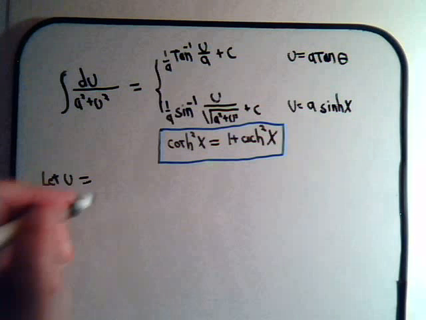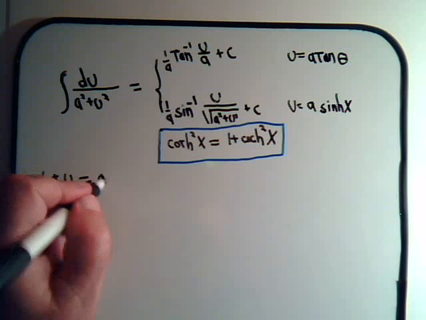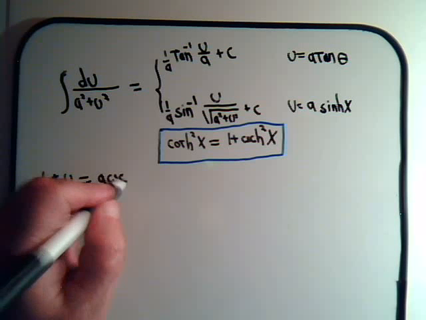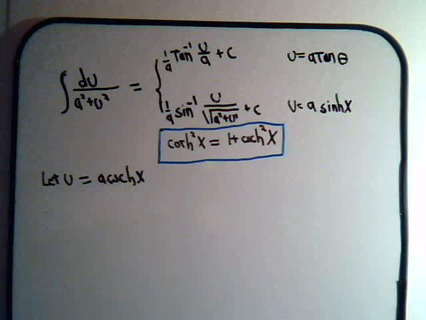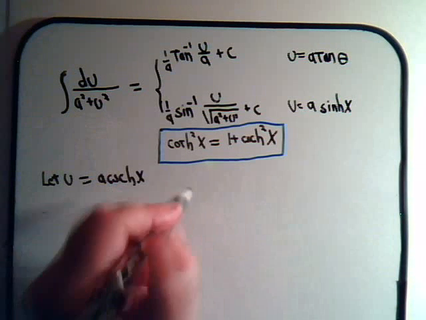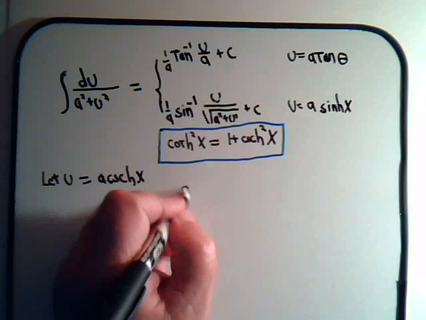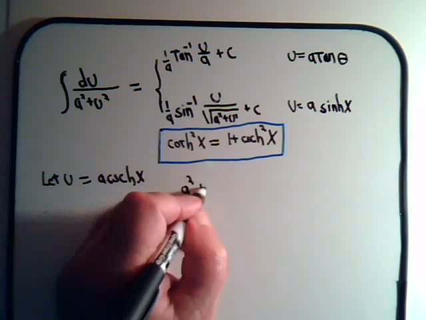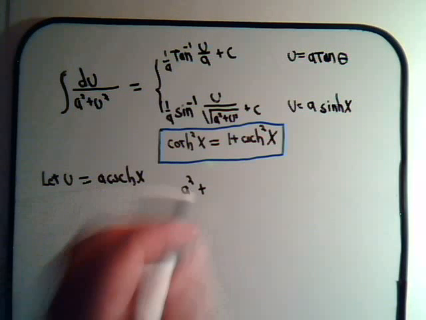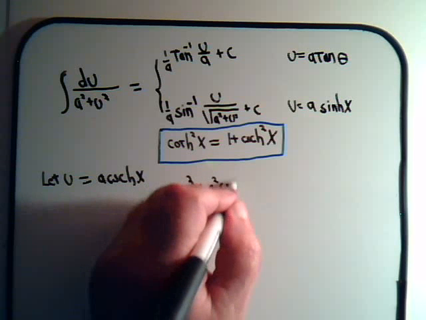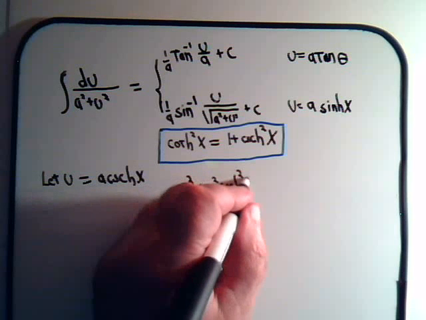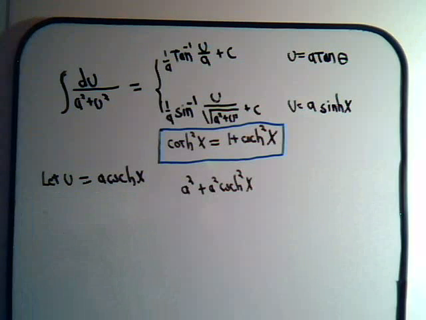So, like before, we start off by saying, let u be equal to a times the hyperbolic cosecant of x. If we do that, the denominator here is going to be a squared plus a squared times the hyperbolic cosecant squared of x.